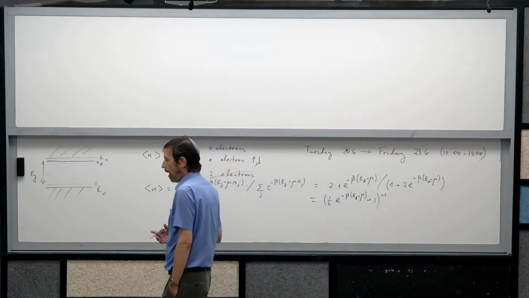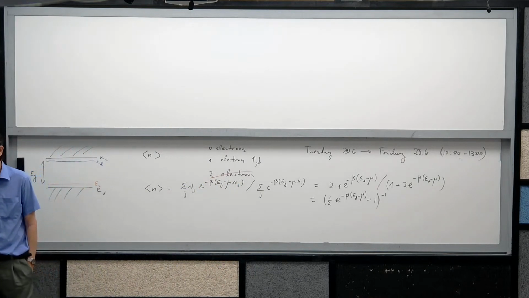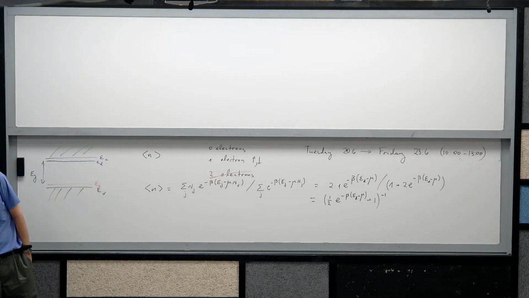I want to know how many electrons exist anywhere in this donor band, so I multiply it by N_D.